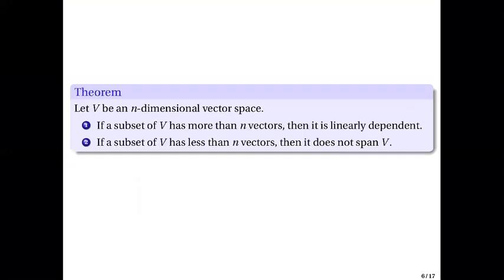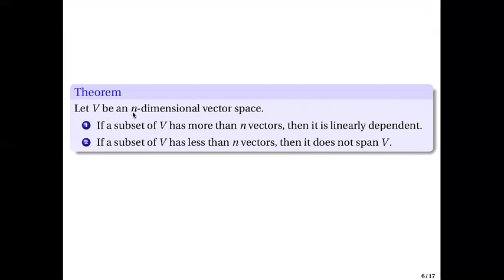For the following theorem, let V be an n-dimensional vector space. Now, if a subset of V has more than n vectors, then it is linearly dependent, meaning you can always get at least one element from that subset and write it as a linear combination of the other elements.